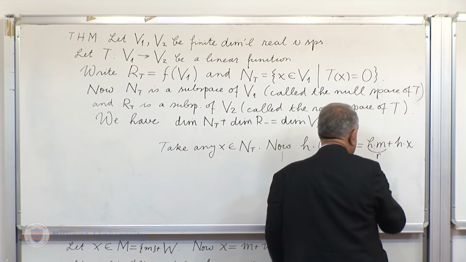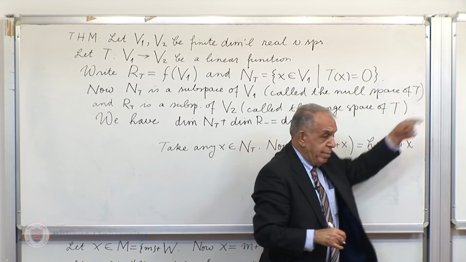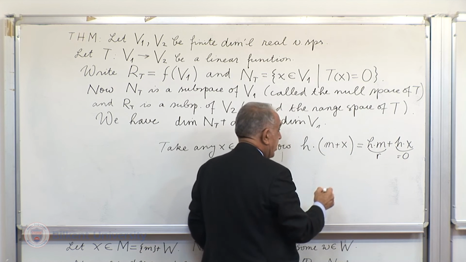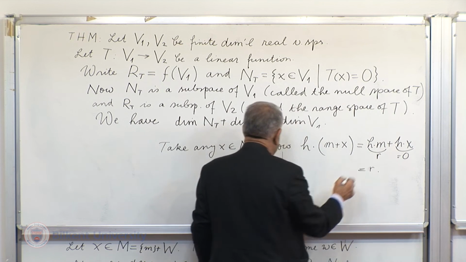But h dot m is r, since m is in cap M. And h dot x is 0, since x is in the null space. So this is equal to r.